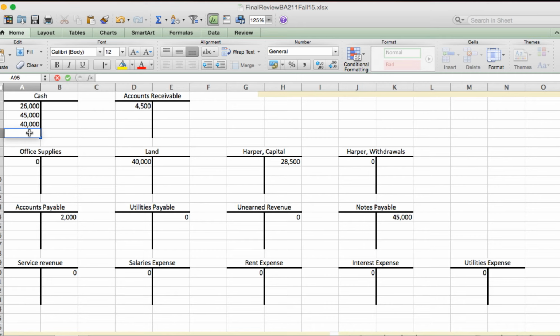Oops, this 40,000 here was supposed to be a credit. Debit cash 5,000, credit service revenue 5,000. There it is.